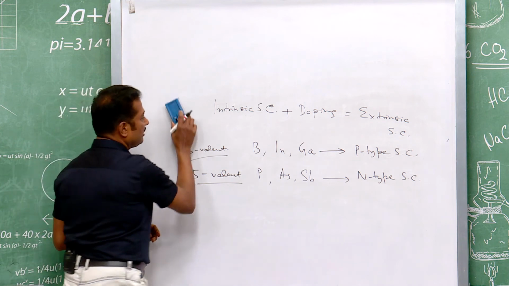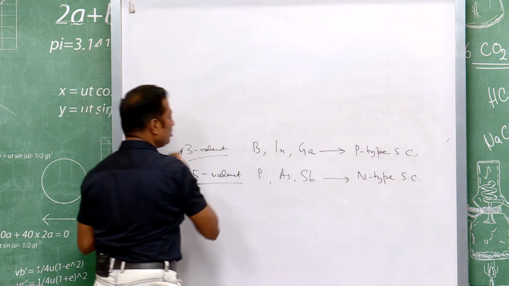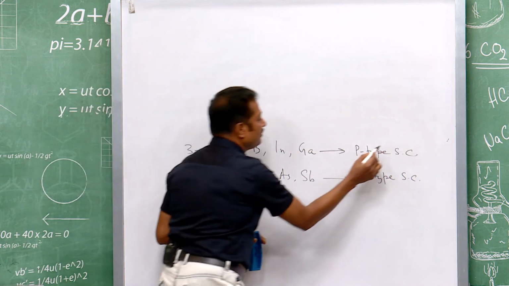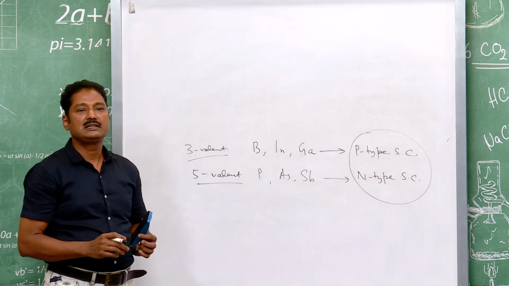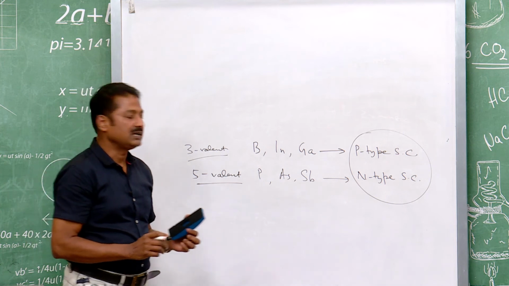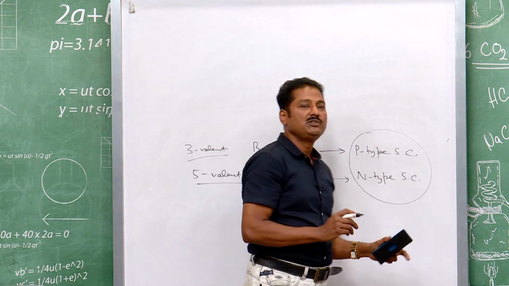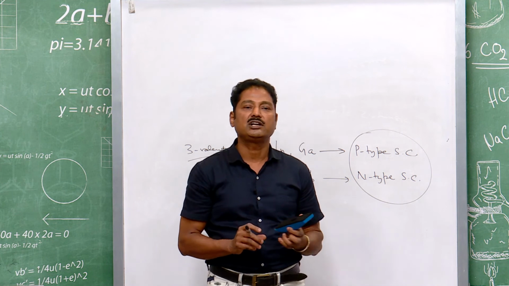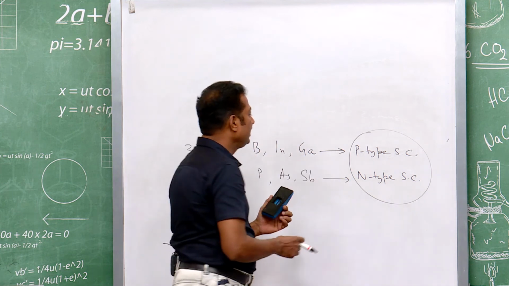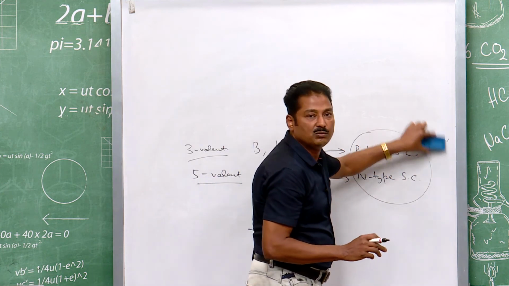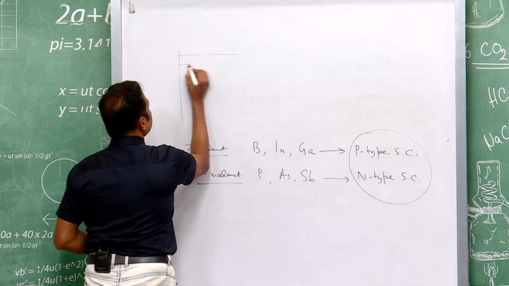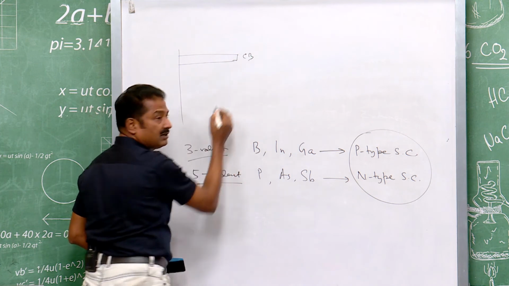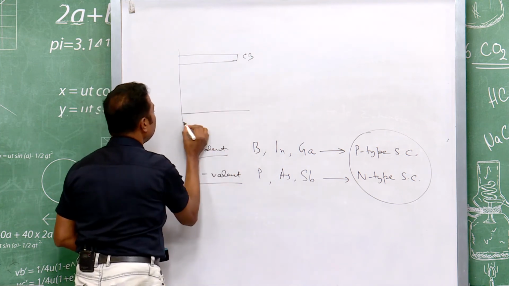Those n type and p type semiconductors are known as extrinsic semiconductors. For these extrinsic semiconductors, if the doping is more, then the conductivity increases. So, we have this conduction band, this is your valence band.